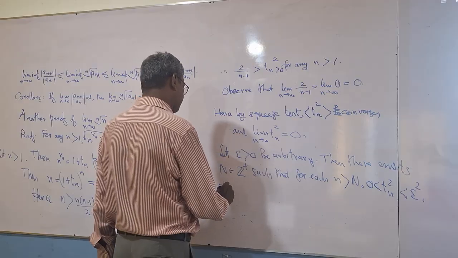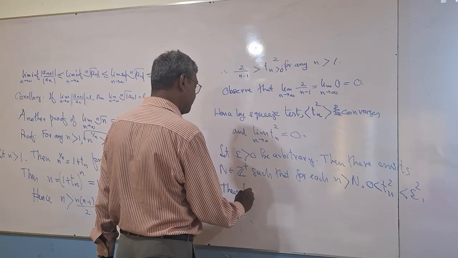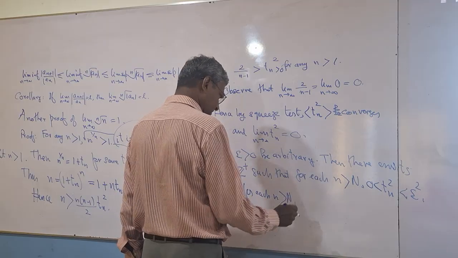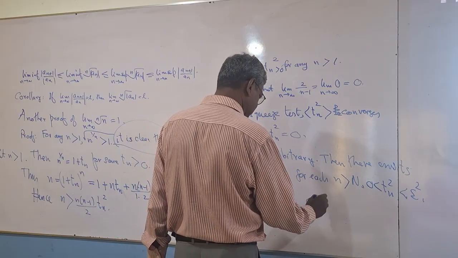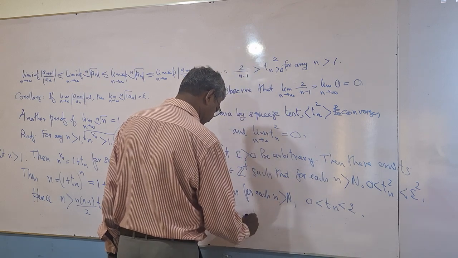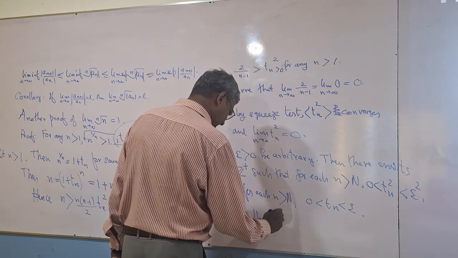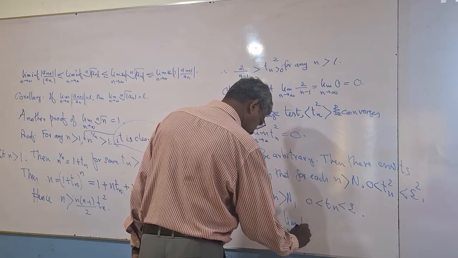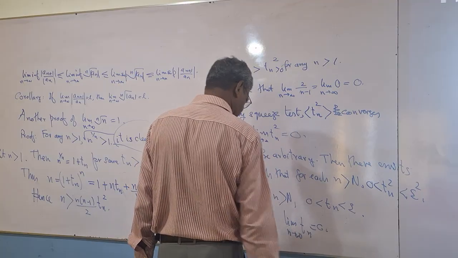Thus, for each n greater than capital N, 0 less than Tn less than epsilon, hence the limit as n tends to infinity of Tn is equal to 0.